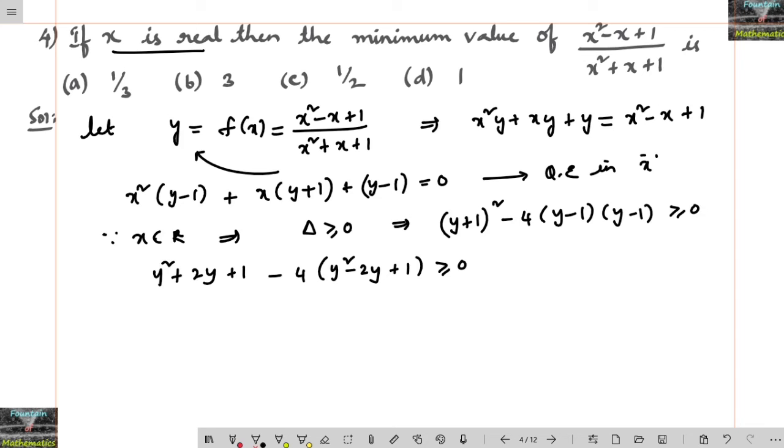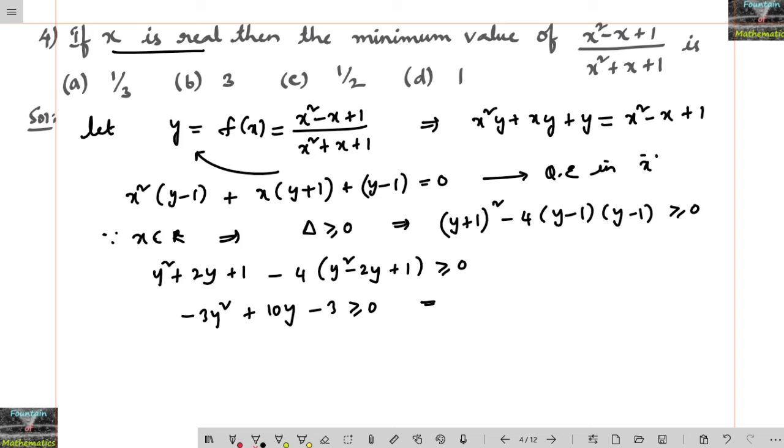After simplifying, y square minus 4y square, that is minus 3y square, and here plus 2y and plus 8y we can take here, plus 10y we can get, and plus 1 here minus 4 will get minus 3, is greater than or equal to 0.